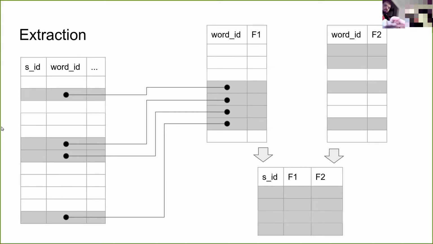Then we just describe from which table, by which index, which features should be selected, and we unite these features in a frame of this structure. These features after extraction are already in numeric format.